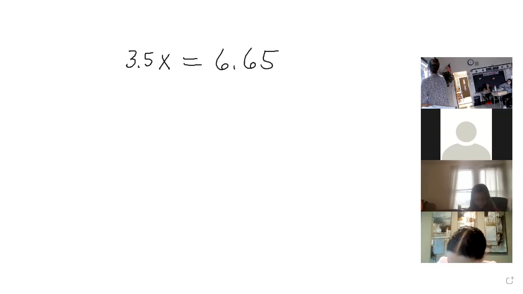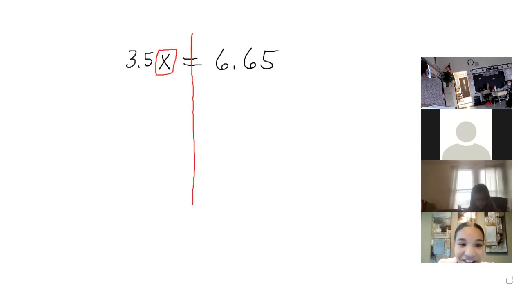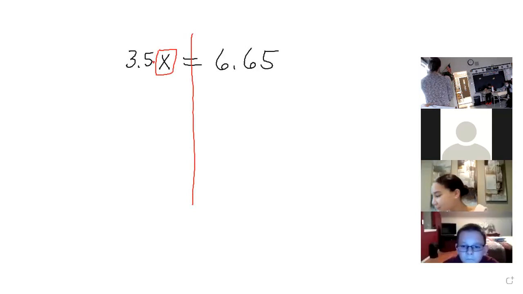Okay. Step 1, everybody. Identify the variable, straight through your balance bar. Recognize how they're connected so that you know how to undo it. How are they connected right now? Through multiplication. You can draw yourself a little dot in between to remind yourself multiplication is happening.